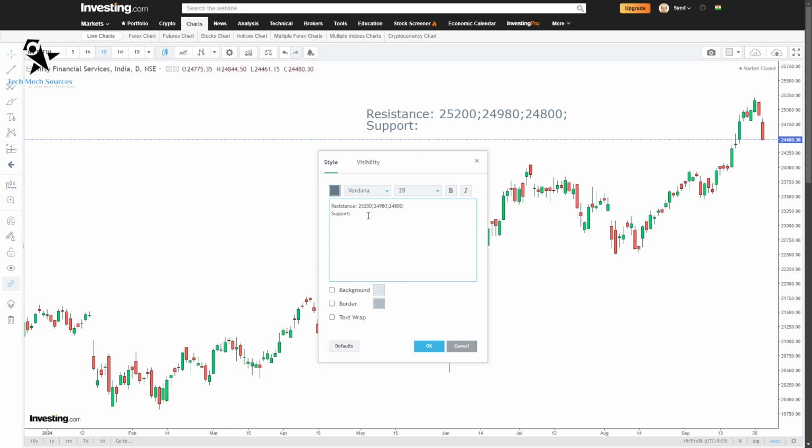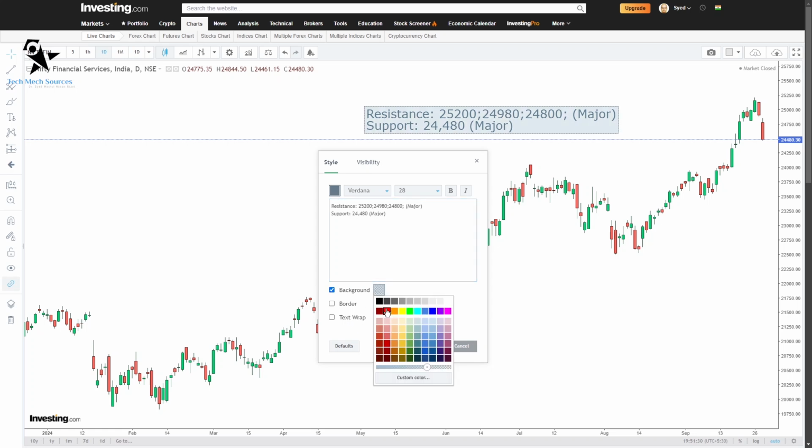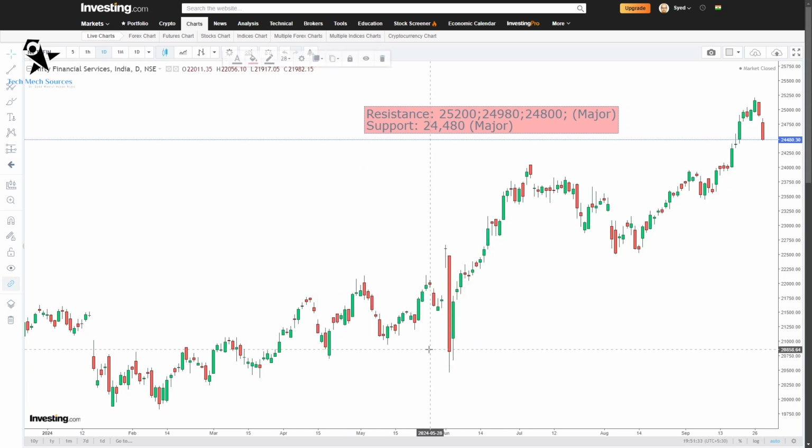So 24,480. 24,480 is the major support, right? If you talk about here, these are all major supports. So this is about the daily chart.